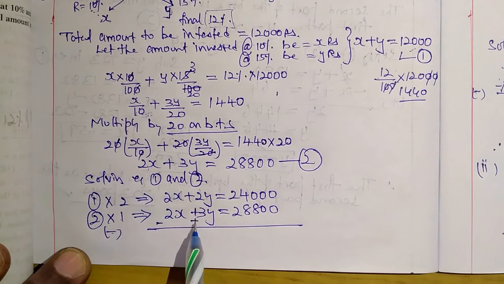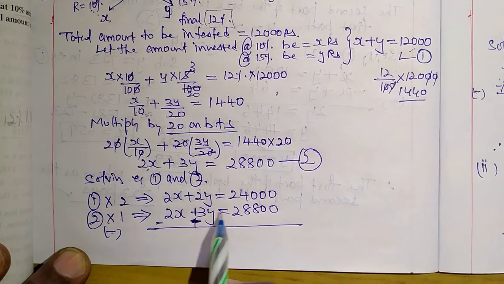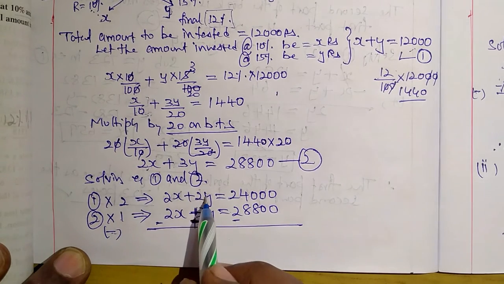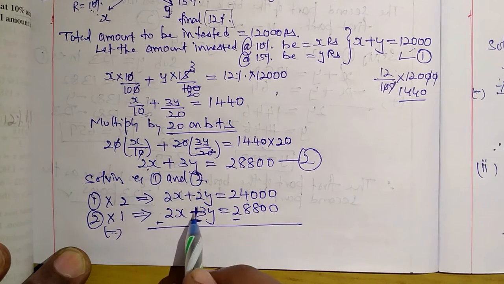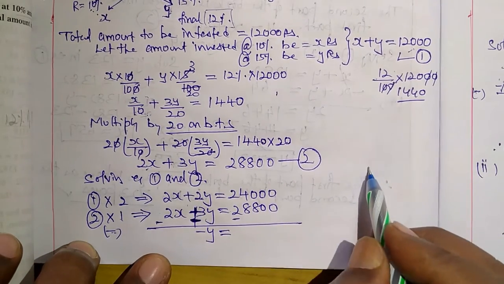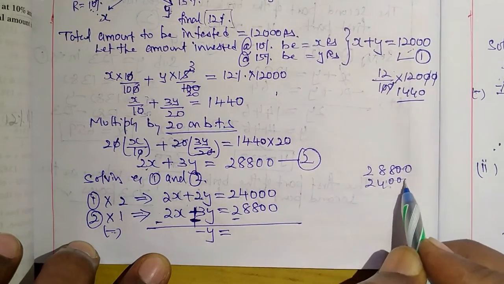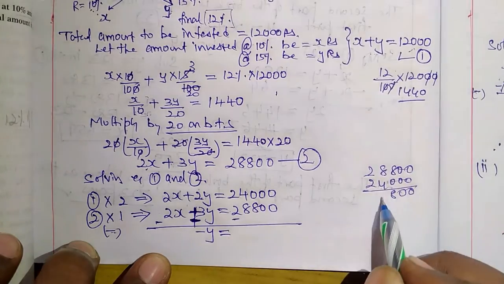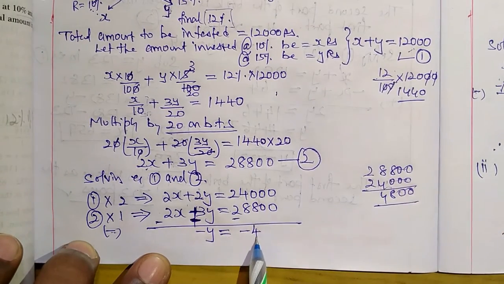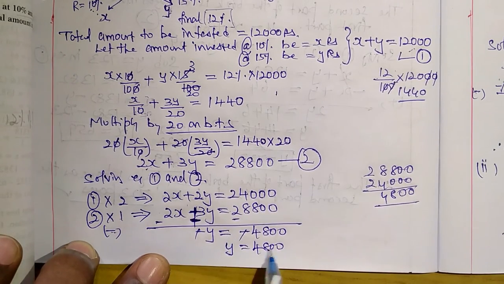So when I subtract, plus becomes minus. 2y minus 3y is minus y, equal to 24,000 minus 28,800, which is minus 4,800. Minus cancels. Therefore y is equal to 4,800.